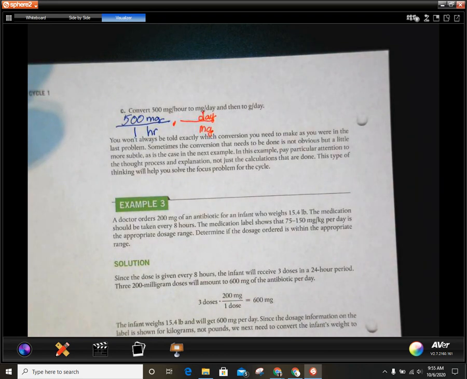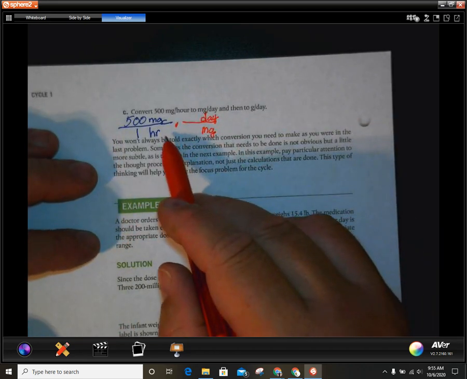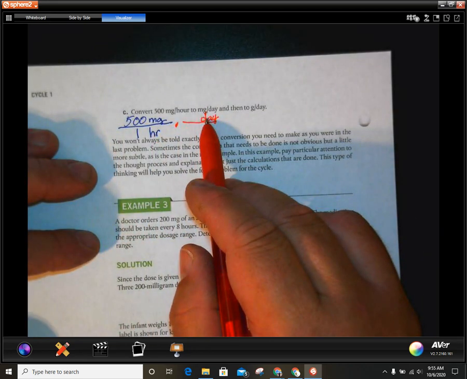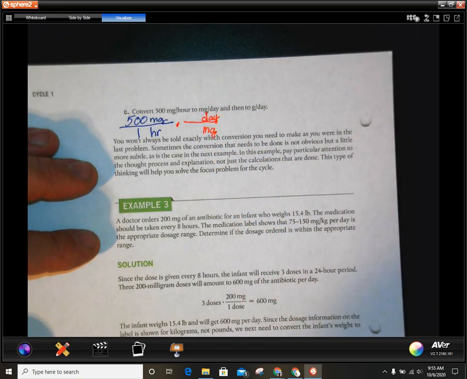Well, in order to do that, let's multiply this by 2 fractions first. We're going to need to change hours to days. So this should be our final answer here.